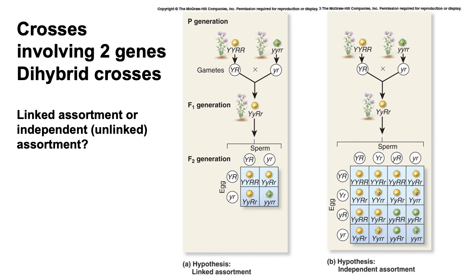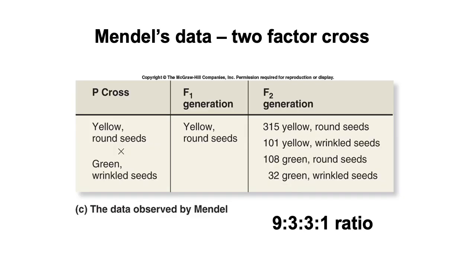And so Gregor Mendel did some experiments to actually test this hypothesis, and so we'll look at the results that he actually got in the next slide. So here are the results that Mendel actually got in his experiments, and what we see is not that 3-to-1 ratio that supported the first hypothesis of linked assortment, but instead we see ratios and numbers that support the second hypothesis, that second panel on the previous slide.